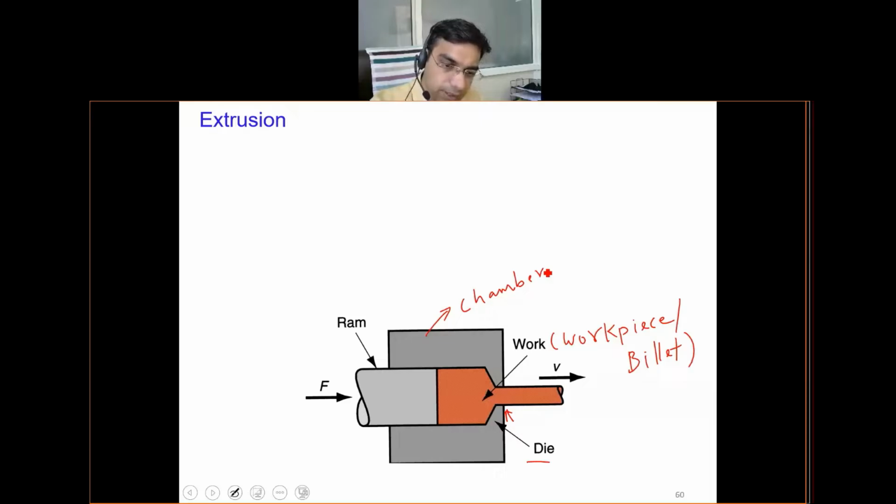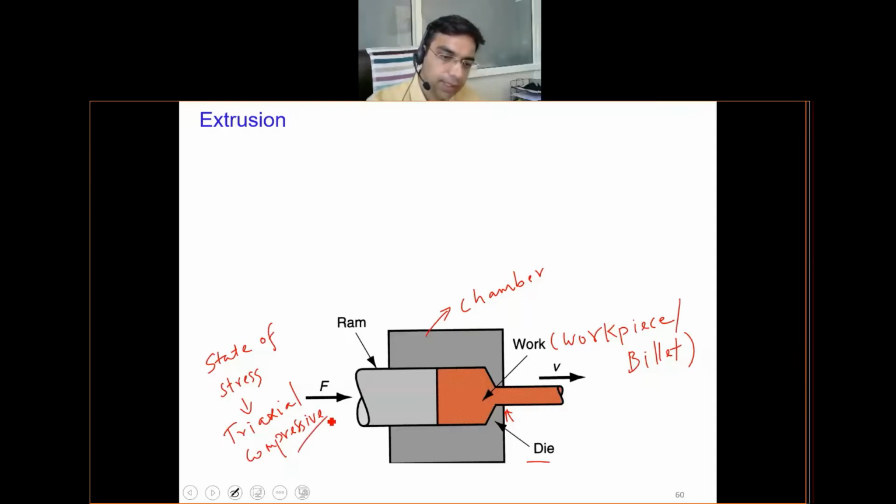So basically the state of stress in extrusion is triaxial compression, means it is compressive stress from all three directions. Triaxial compressive stresses are induced.